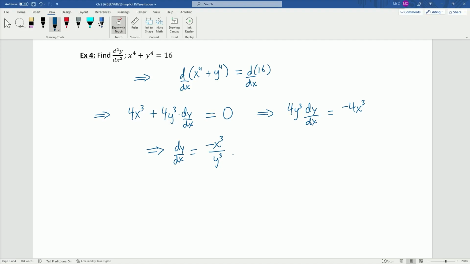Okay, so now when I take my second derivative, it's a little bit easier to deal with because I'm just taking the derivative of the first derivative.